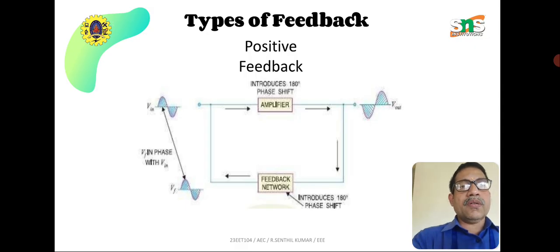For an amplifier, the input first one is positive. Therefore, the output of the amplifier, the first one is negative, a 180-degree shift, and the first one negative is connected to the feedback network such that the first one is positive again. It is connected to the positive terminal of the summation point, therefore it is positive feedback.